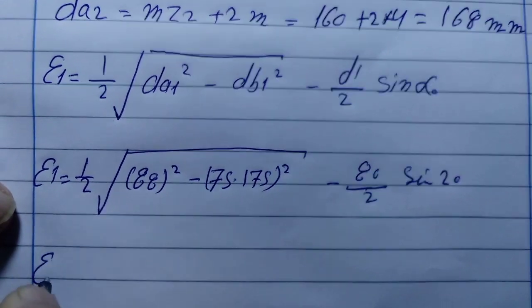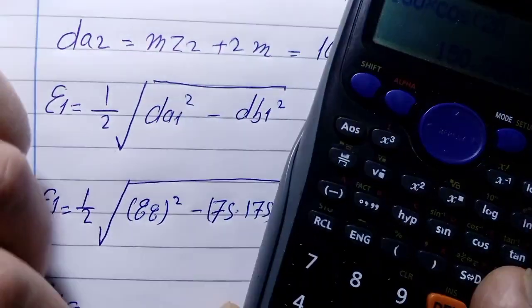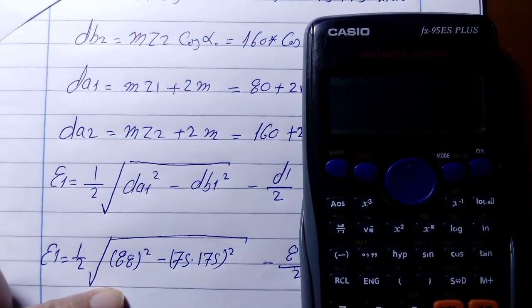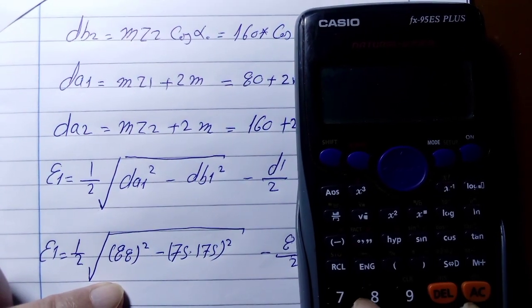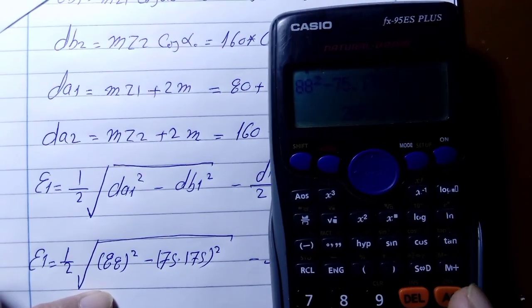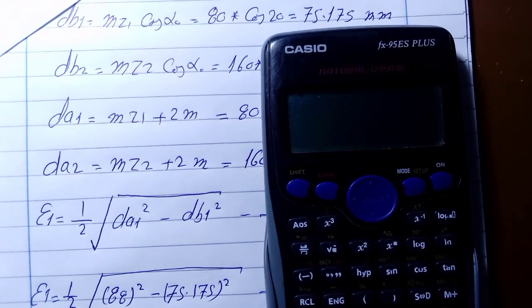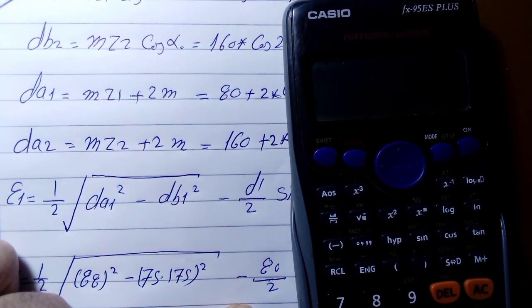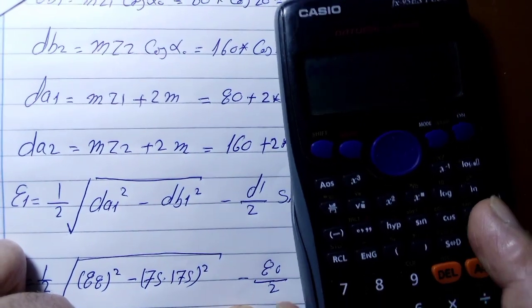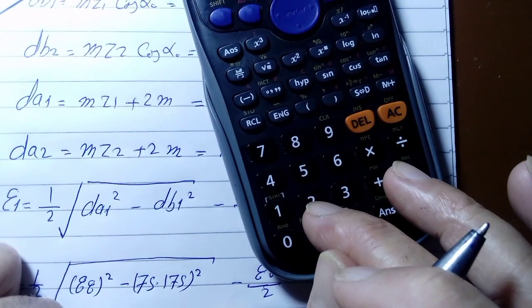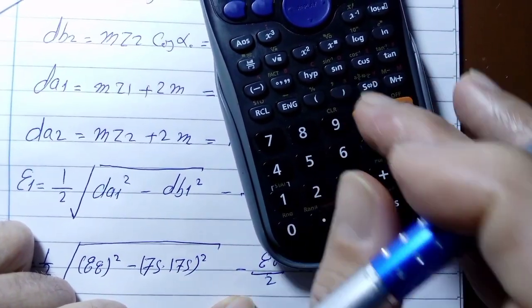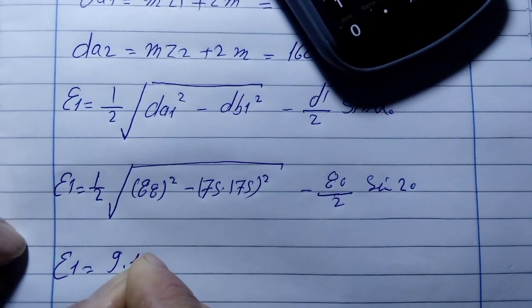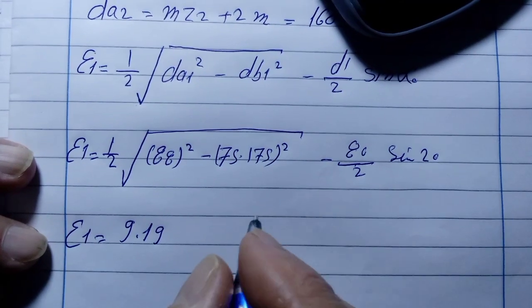Okay, so E1 is equal to half the square root of 88 square minus 75.175 square, minus 40 sine 20, equal to 9.19 millimeter.